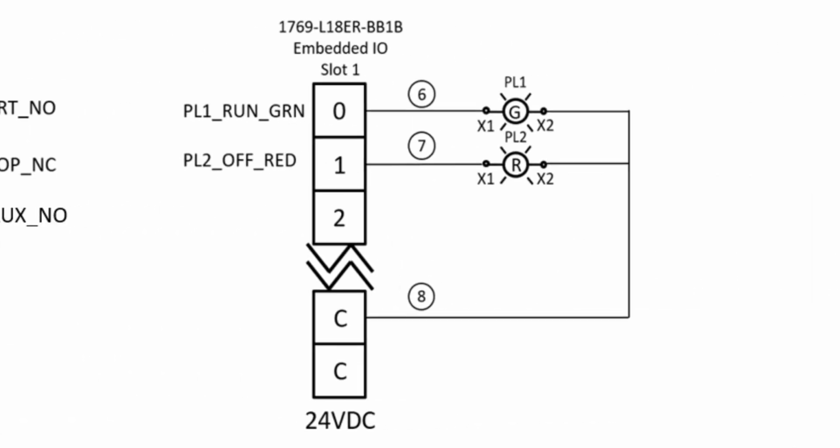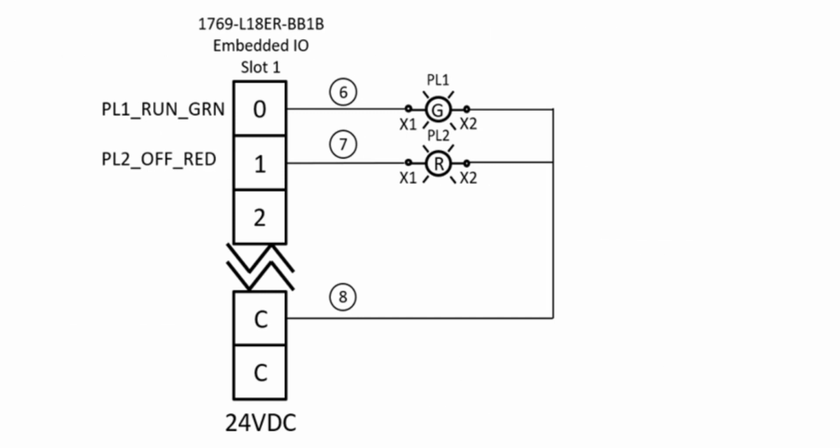As you can see, wiring diagrams for the output terminals are done in a similar fashion to those of the inputs. Here we can see the embedded output terminals of our PLC. Connected to channels 0 and 1 are PL1 and PL2 respectively.